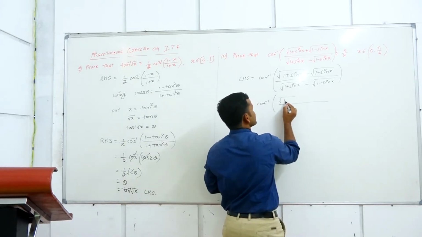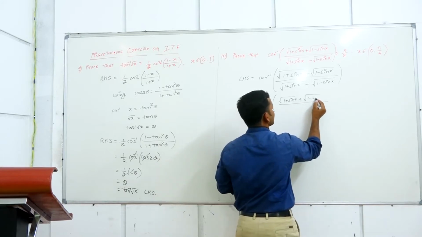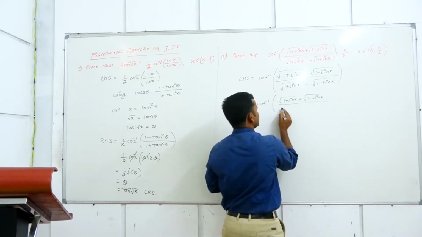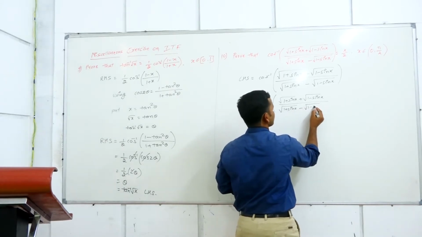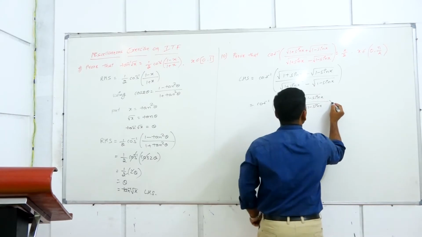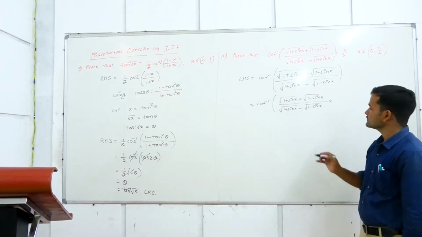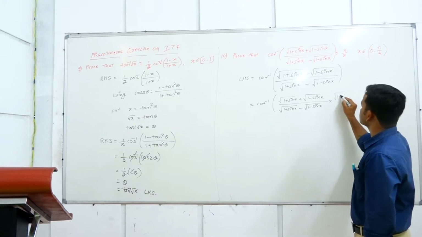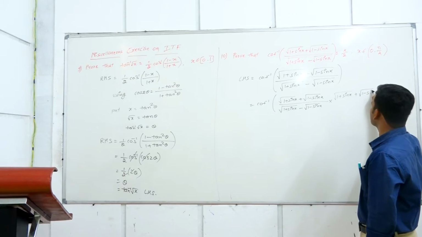Let me write this first as it is: square root of 1 plus sin x plus square root of 1 minus sin x, divided by square root of 1 plus sin x minus square root of 1 minus sin x. Now, multiplying and dividing by the rationalizing factor, that is square root of 1 plus sin x plus square root of 1 minus sin x.